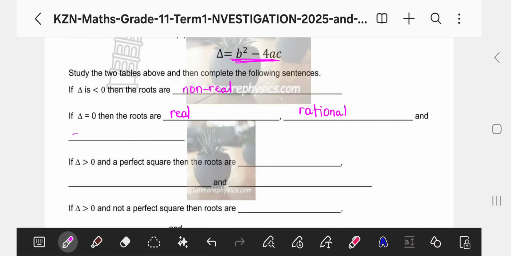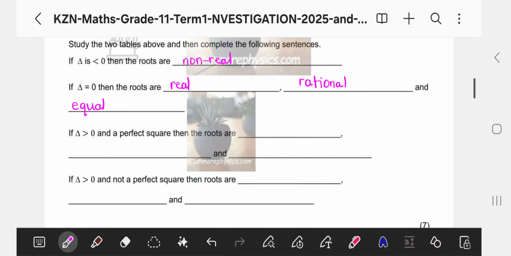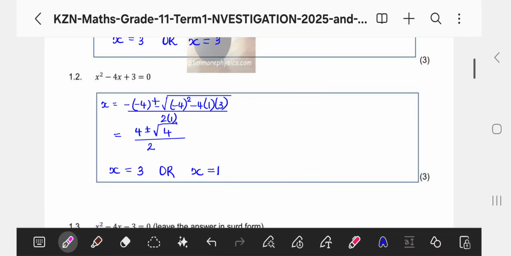and they are equal. Next, it says if the discriminant is greater than 0 and a perfect square, then the roots are. So let's just go back up, and we are referring to 1.2. I want you guys to notice underneath the square root we have 4. So that discriminant is greater than 0 and a perfect square. So what does a perfect square mean?